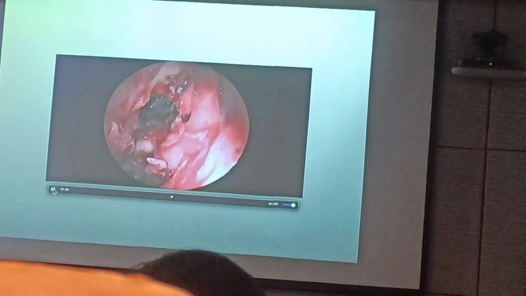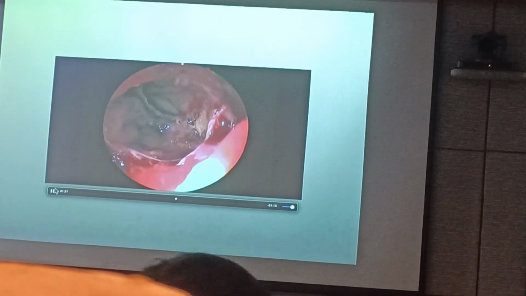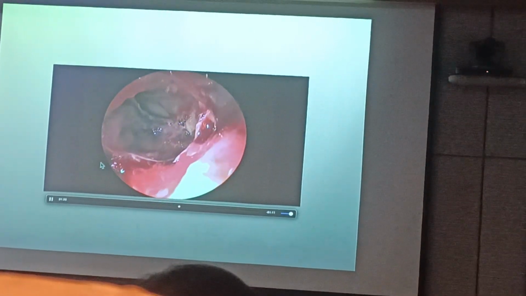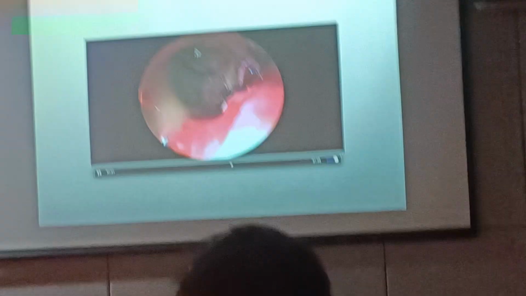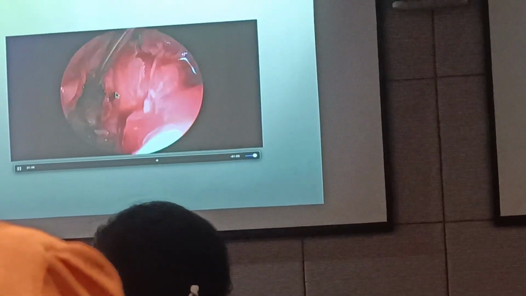After we remove the anterior wall of the bulla, we start working with a Kuhn's probe in that area. And as you work over there, you'll find that's the frontal sinus opening through which the mucocele is draining. The bulla has been removed.